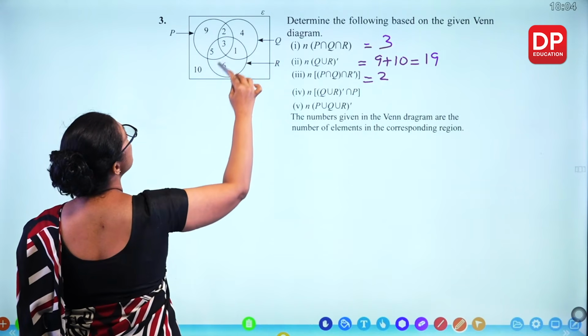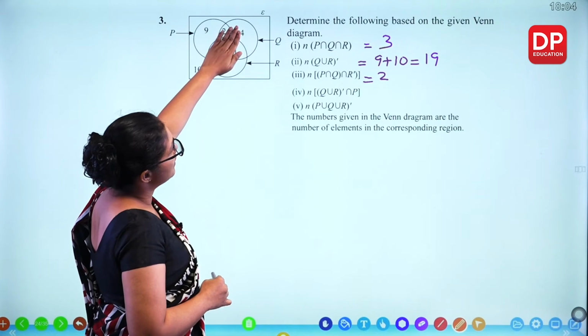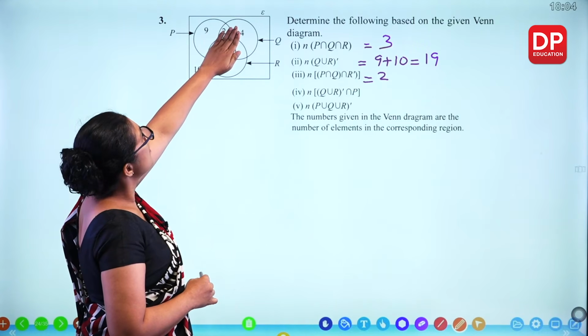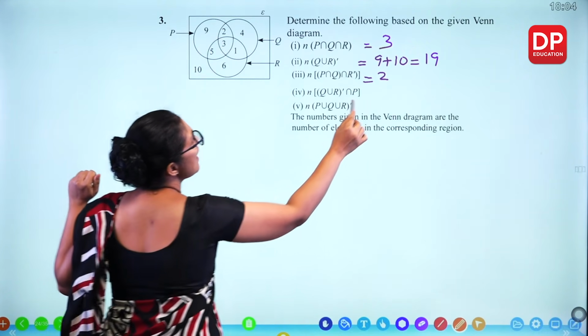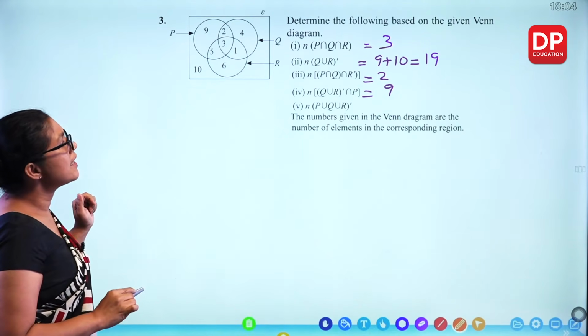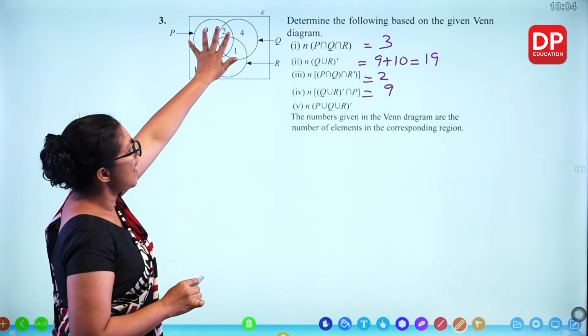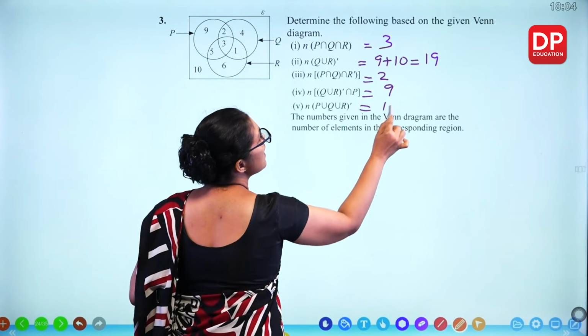Q union R means these two circles. So we have to cover everything outside, intersects with P. Only 9. This one, P union Q union R means everything inside. Dash means outside. Only 10.